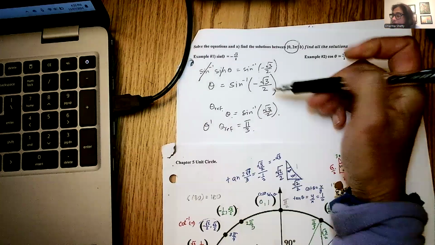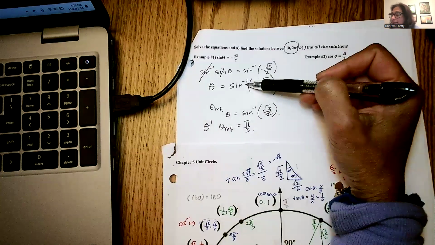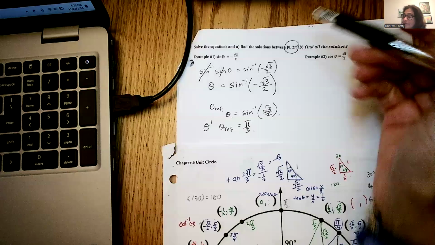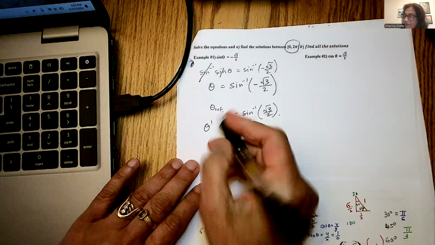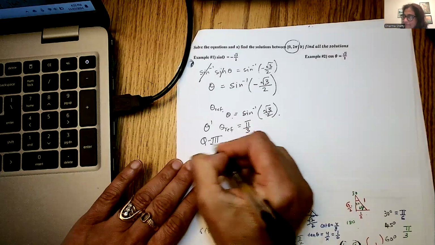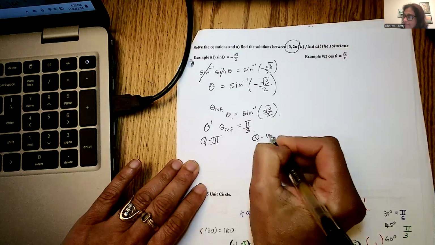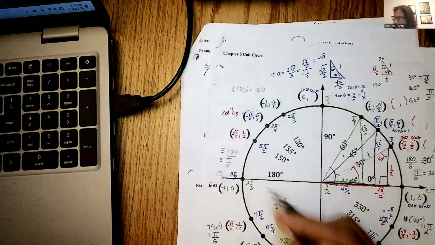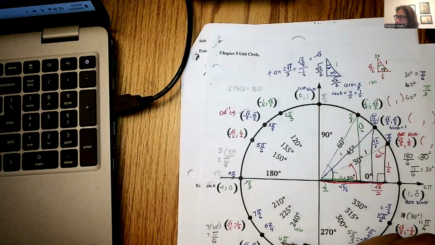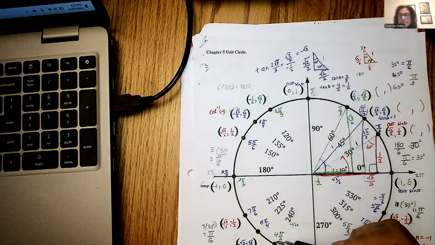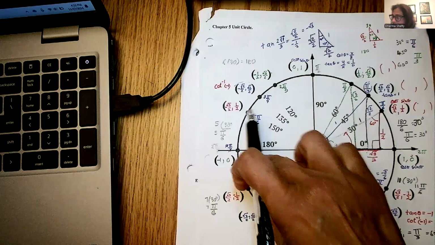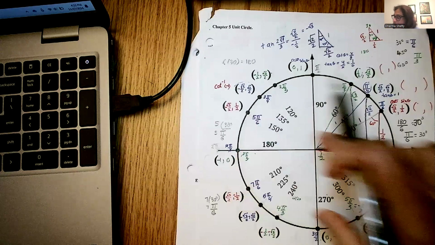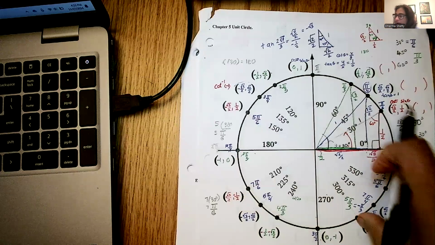Okay. Now we know that sine is negative in the third quadrant and in the fourth quadrant. I will use this reference angle. So in this case, it will be 4 pi third and it will be 5 pi third.